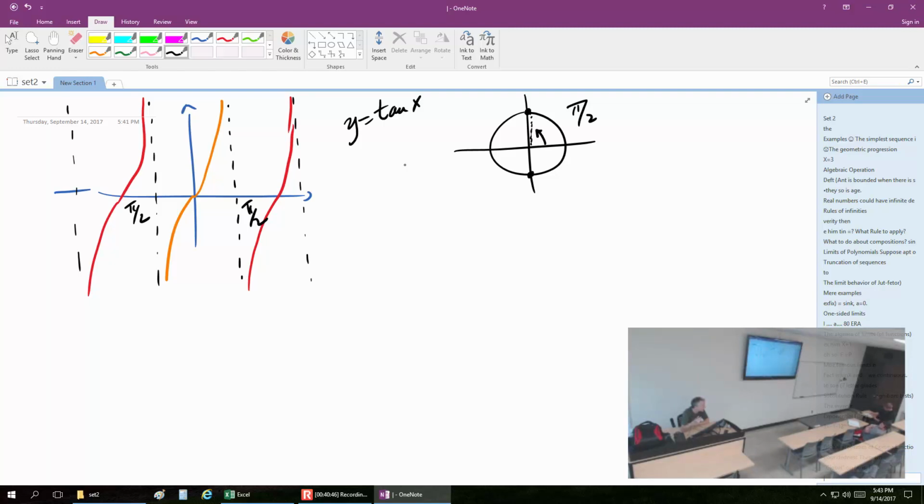Just like arcsine, arccosine, arctangent, what are we talking about? It's the inverse. So arcsine is the inverse of sine, and so on. The challenge is that sine and cosine are both periodic functions, and as such, they are not one-to-one. This is also not one-to-one.